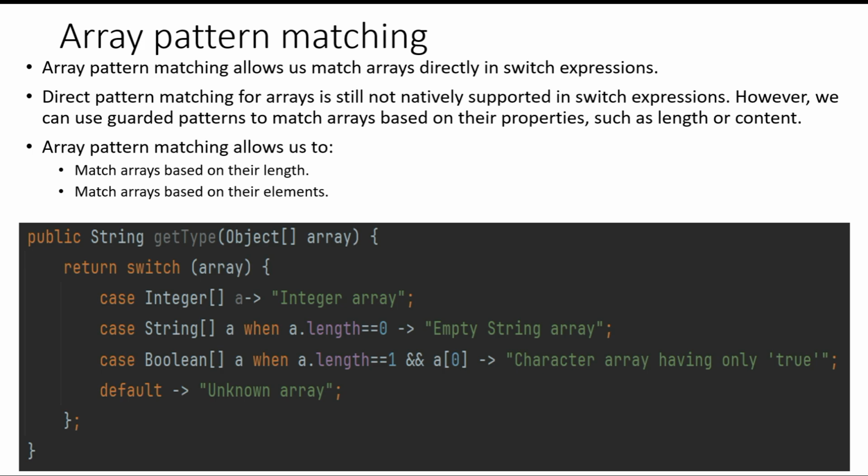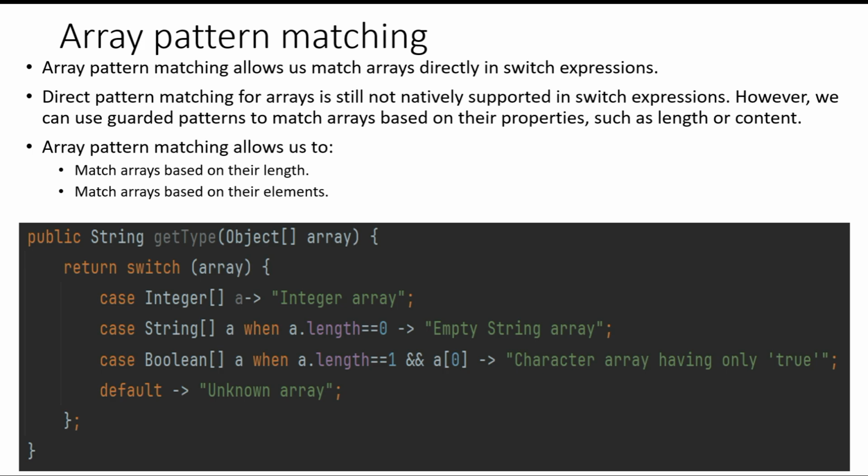The array pattern matching allows to match the arrays in a switch expression, and these arrays can be matched based on the length of the array, and we can also match these arrays based on the content of an array. We can also match the arrays based on their elements.